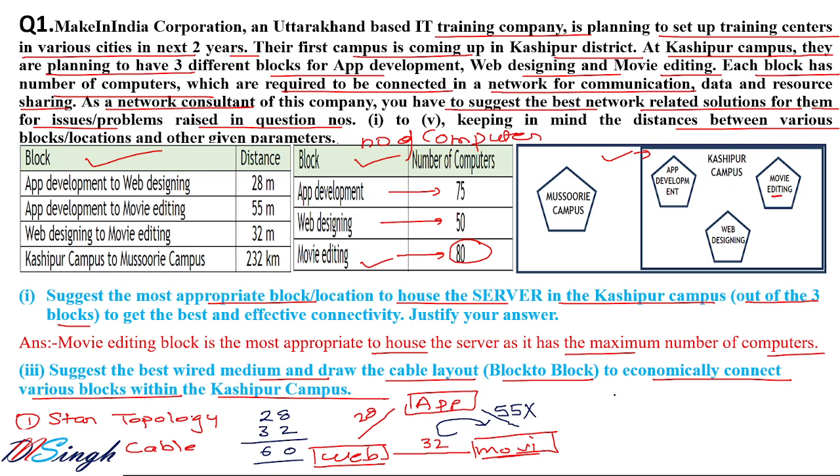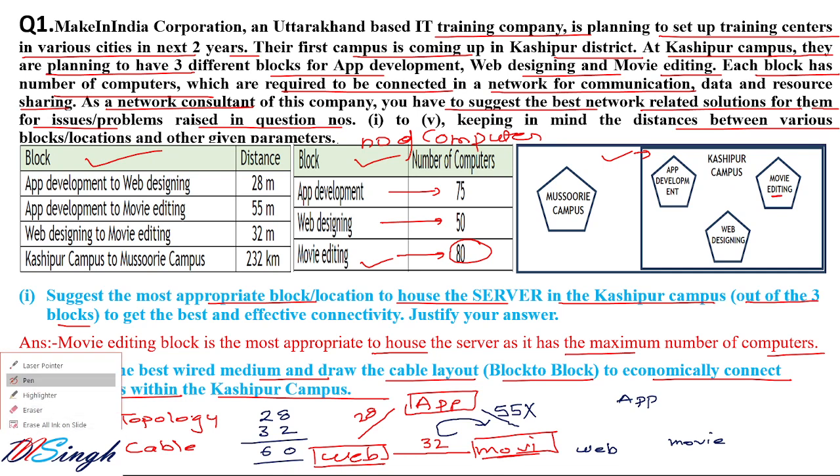The next way of doing it is, we will have app development, and then we have movie, and here we have web. So we will take app development to movie, and we will take app development to web design. So these two links we will take. App development to movie is how much? 55, and app development to web design how much? 28.